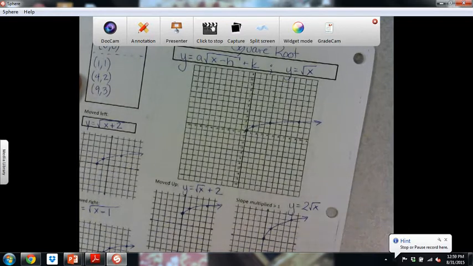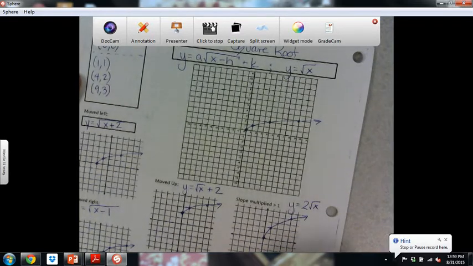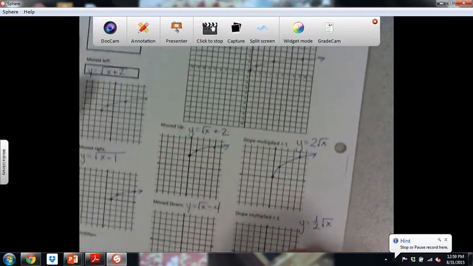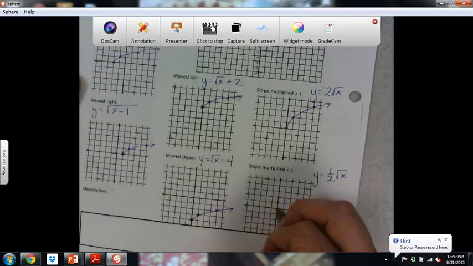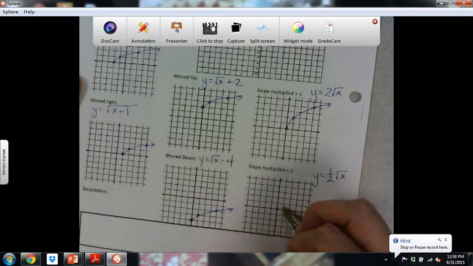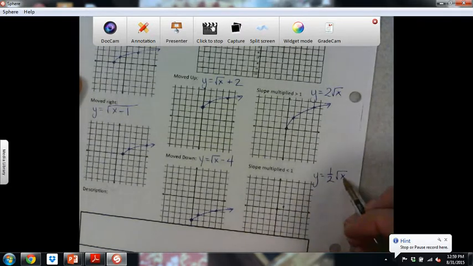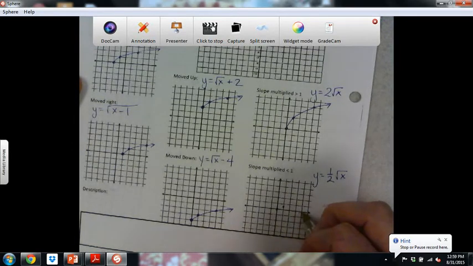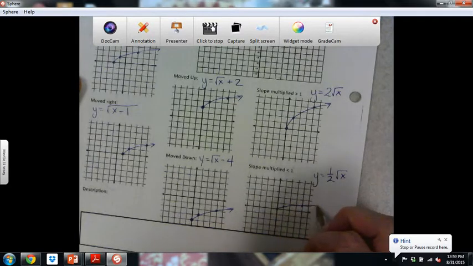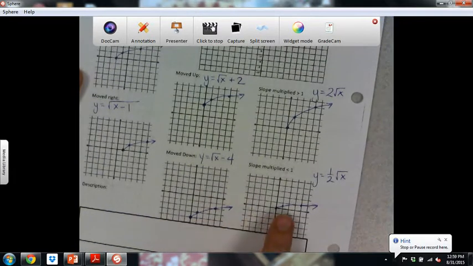Or I could do y equals 1/2 the square root of x. They'll start at 0, 0. If I plug in 1, I only get to go by half this time. If I plug in 4, the square root of 4 is 2, and half of 2 is 1, which puts me right here. And so this grows much more slowly than the one next to it.